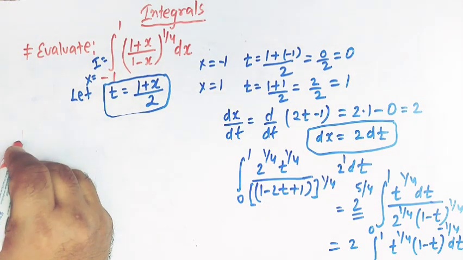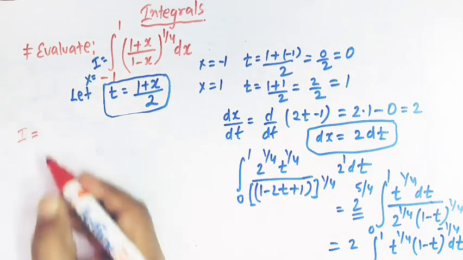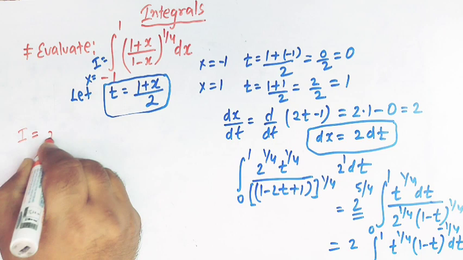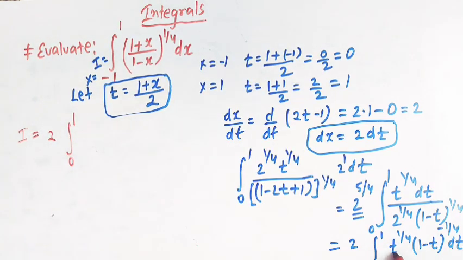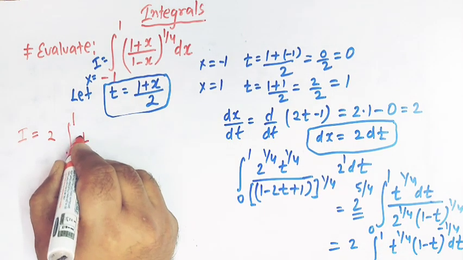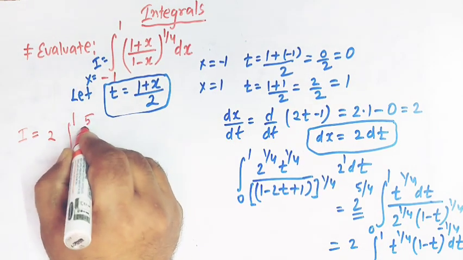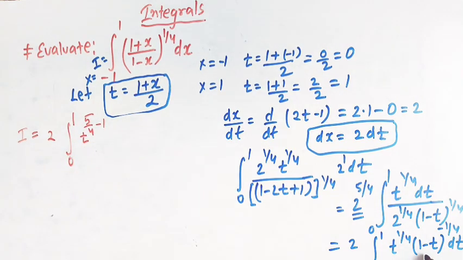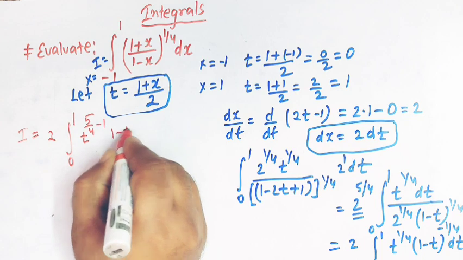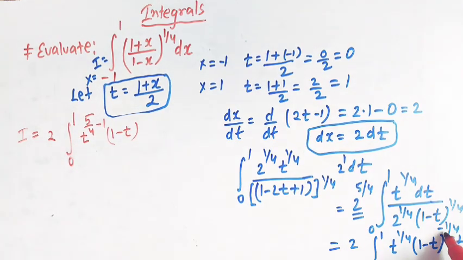So now we have I is equal to 2, the integral from 0 to 1, and see, here we have t raised to 1 by 4, right? So t raised to 1 by 4 can be written as t raised to 5 by 4 minus 1, right? And here we have (1 minus t) raised to minus 1 over 4, right?